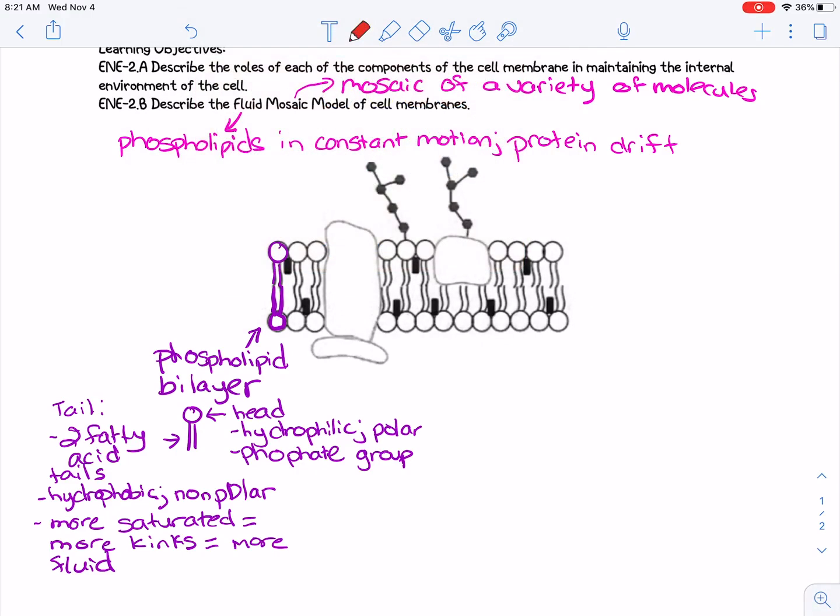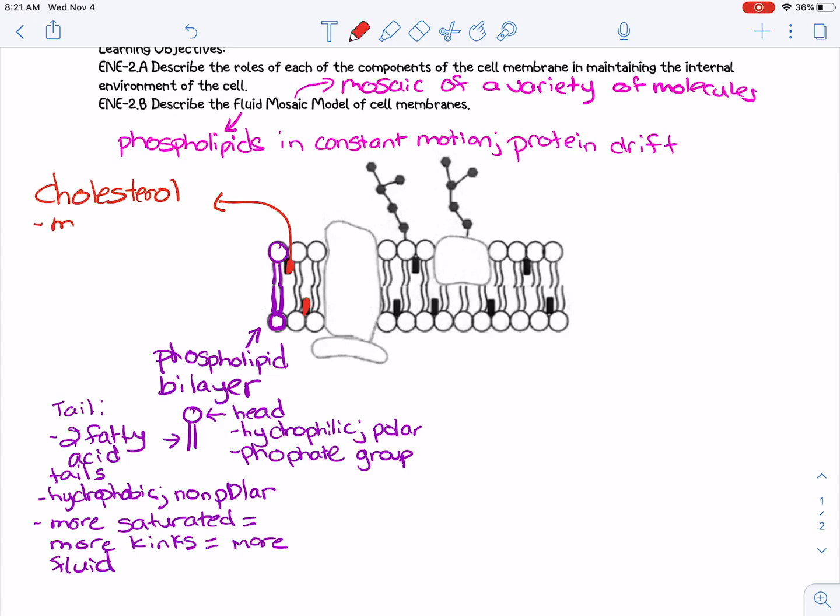Another thing that we might notice on here is these little red things. These are terribly drawn in this picture, because they're not showing their structure at all, but that is cholesterol, which is a steroid molecule. So it is also a fat, hence it's hanging out by the fatty acid tails.